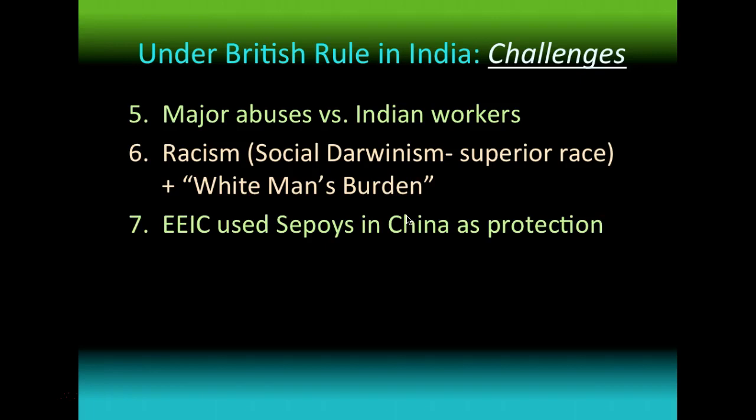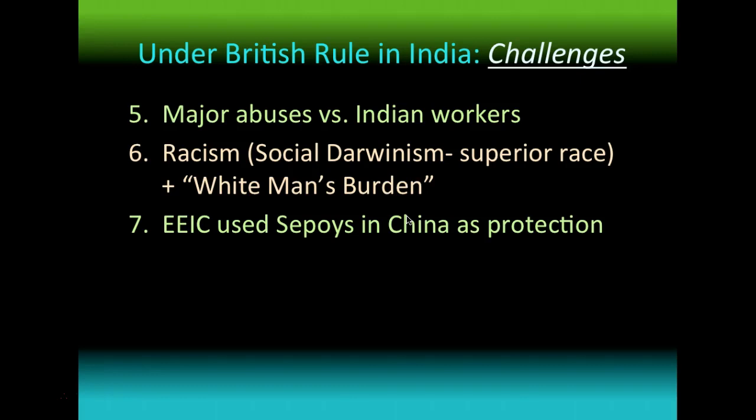And then one of the last big ones, the EEIC, the English East India Company, used sepoys in China. Now, sepoys, again, are Indians who are military men in the British Army. So they're Indians in the British military, and they take them in and use them in China as protection when they are selling that opium that is illegal in China.